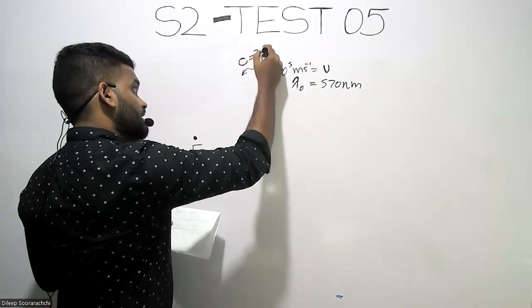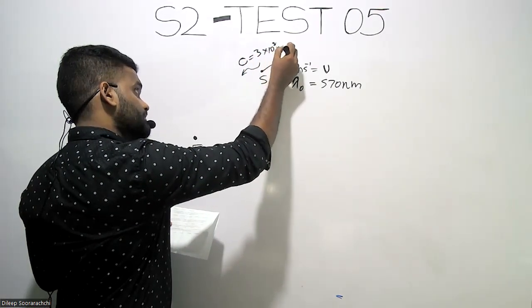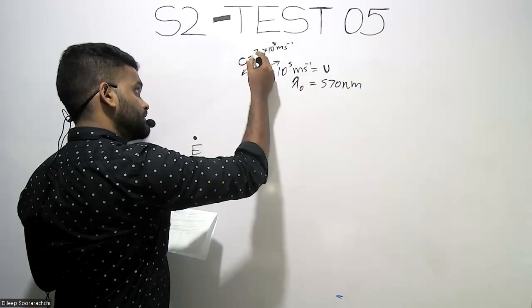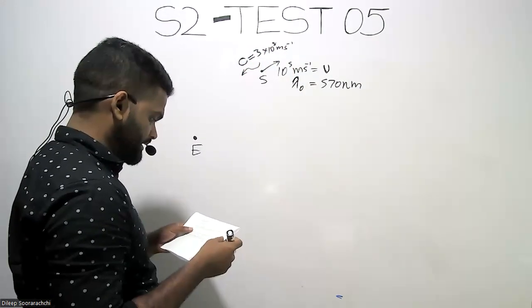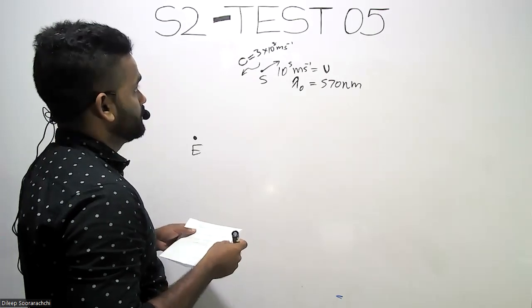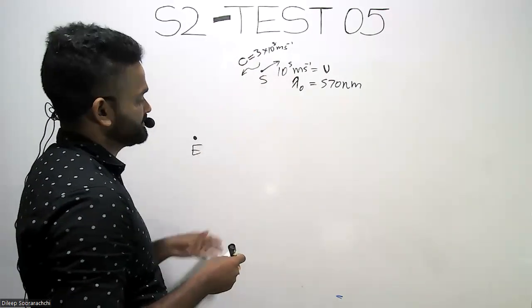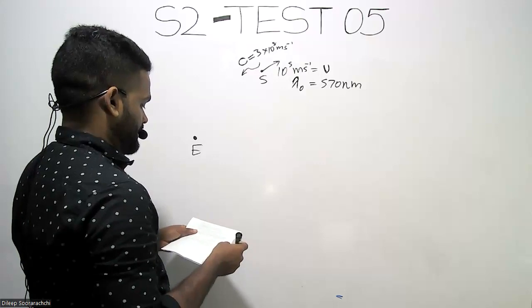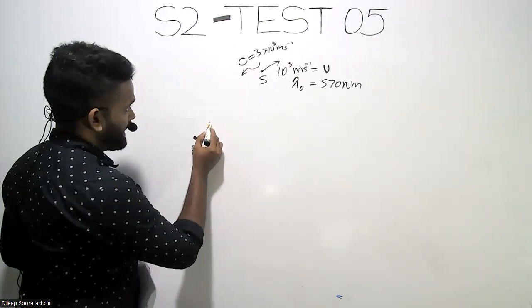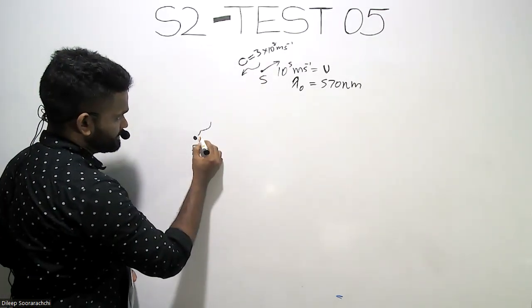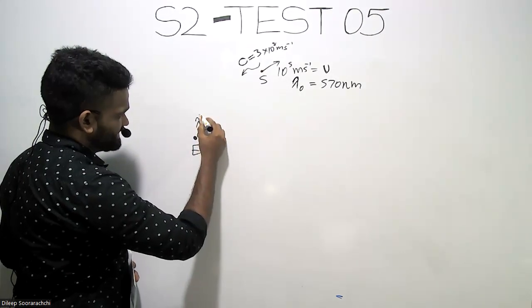They have given a value for that, 3 times 10 to the power 8 meters per second. Okay, so those are the data, right? So what they ask is, as this light reaches earth, the change of wavelength.